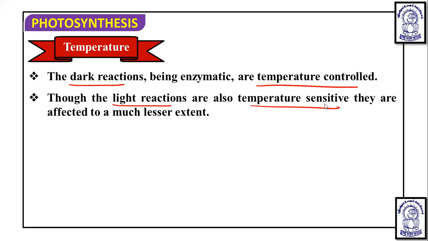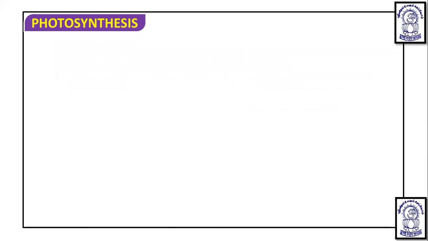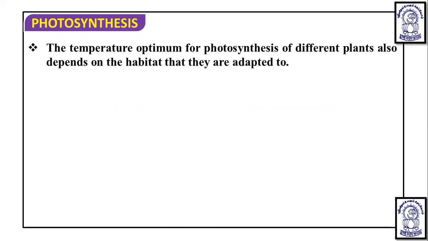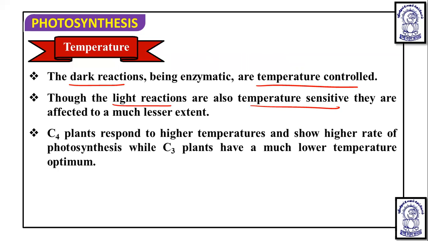Okay, and as we have discussed, the C4 plant responds to high temperature, that is 30 to 40 degrees Celsius, and shows a high rate of photosynthesis at this temperature, whereas for a C3 plant the temperature optimum is lower, that is 20 to 25 degrees Celsius.